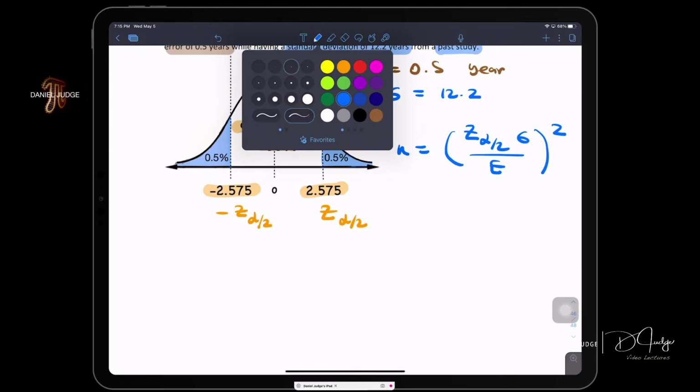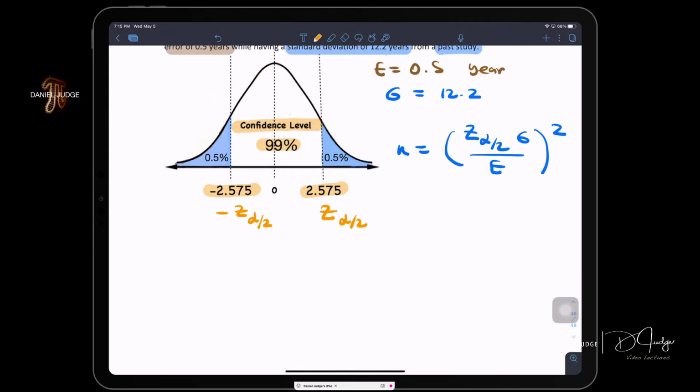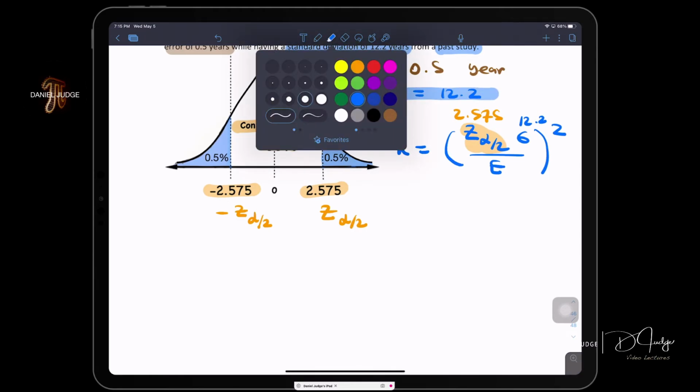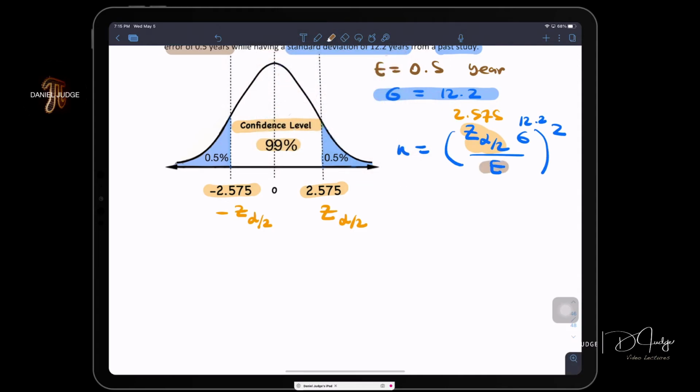2.575 is my z alpha over 2 value. Sigma here is 12.2. They gave us that. And the margin of error they gave us to be 0.5.